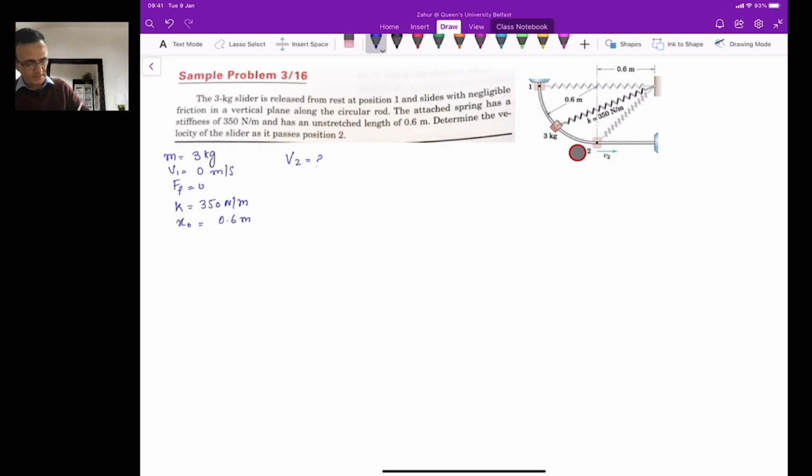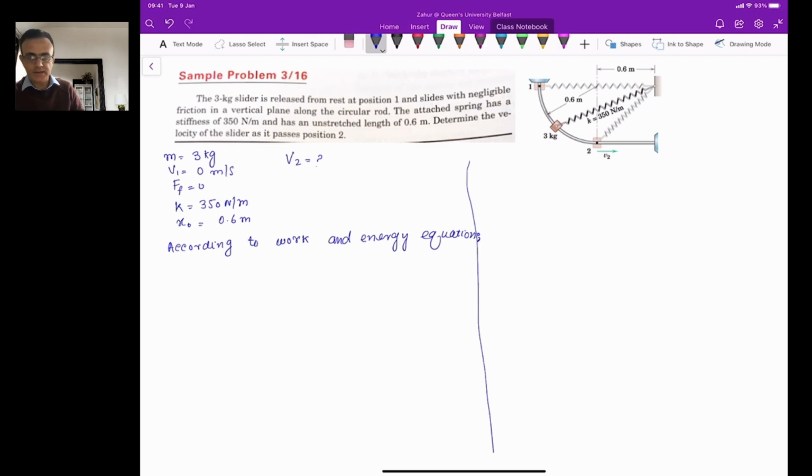So according to the work and energy equation, we know that T1 plus V1 plus U1-2 dash equals T2 plus V2.